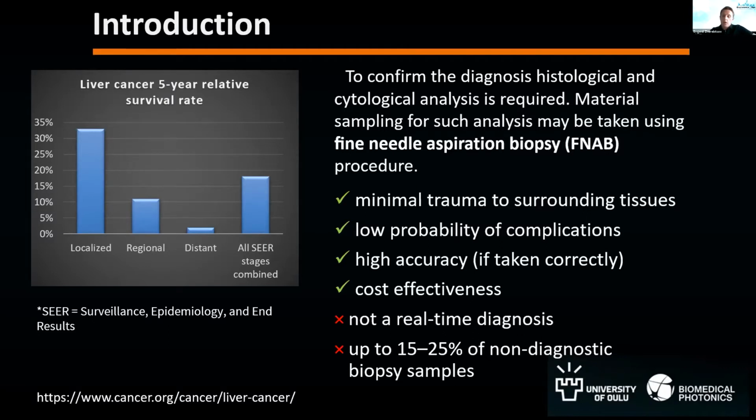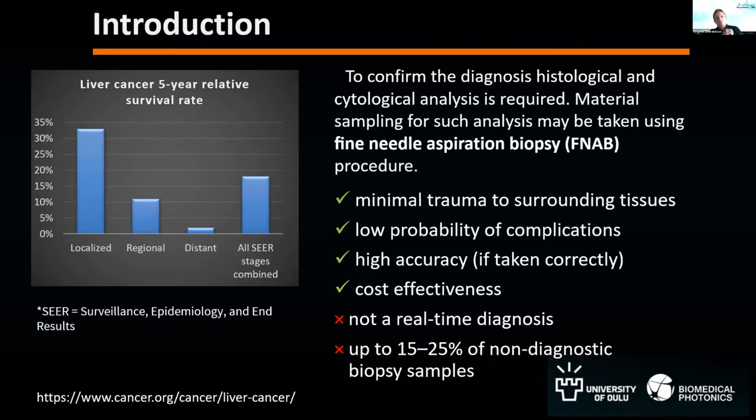But unfortunately, it's not real-time diagnosis at the moment, and up to 20–25% of the samples are non-diagnostic. What do I mean? It means that the tiny sample has not been taken specifically from the tumor, but from, for example, adjacent liver tissue.